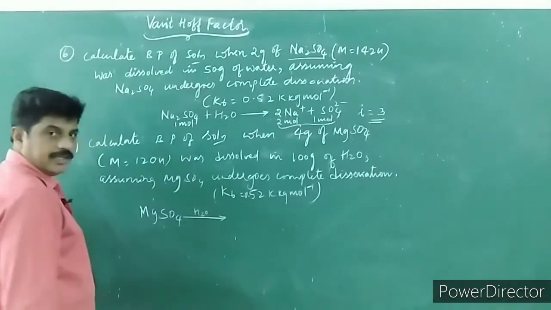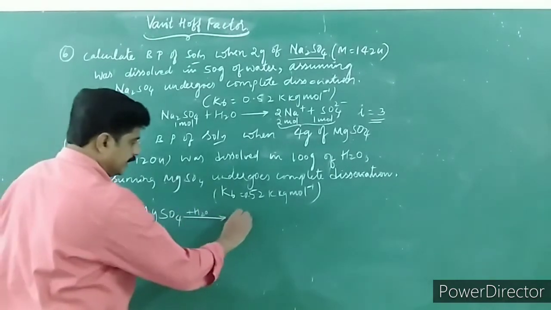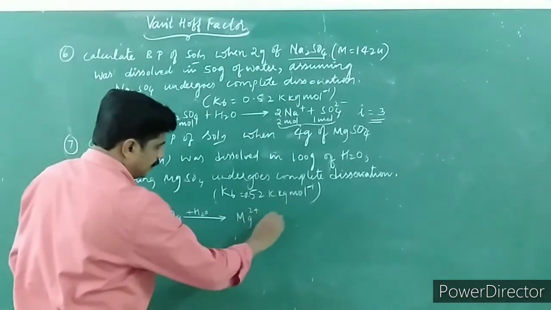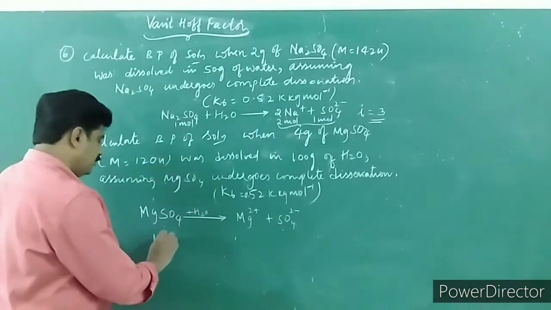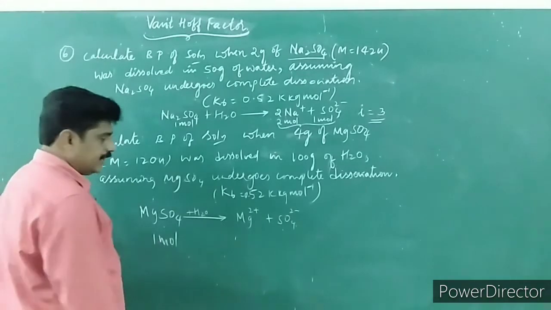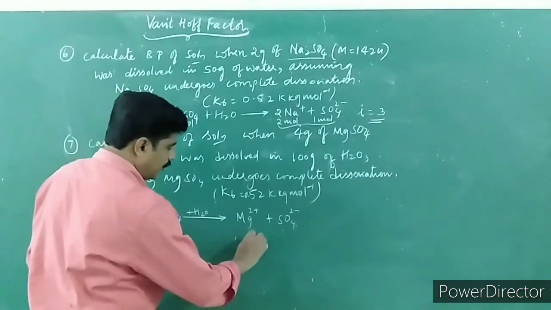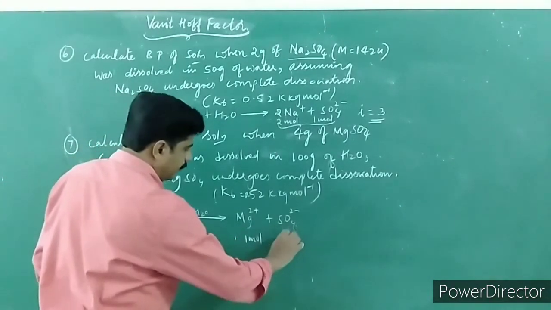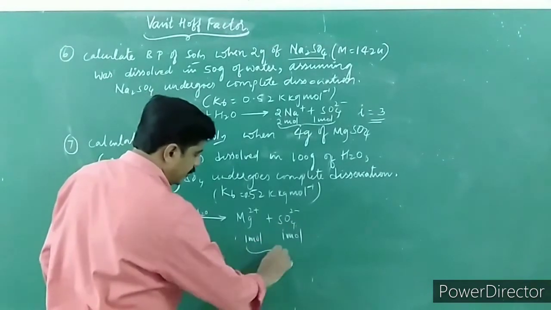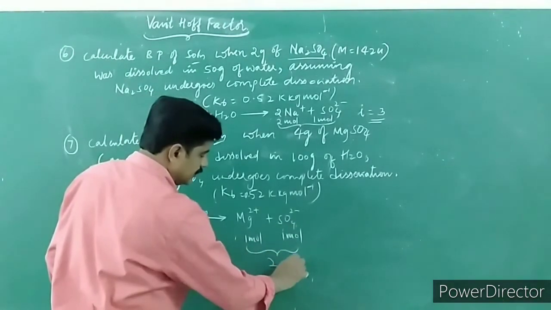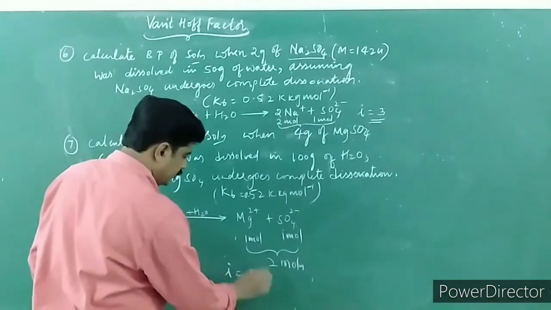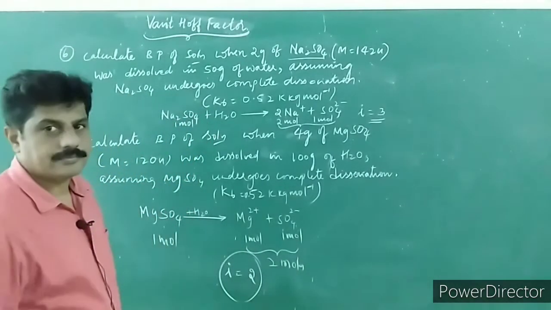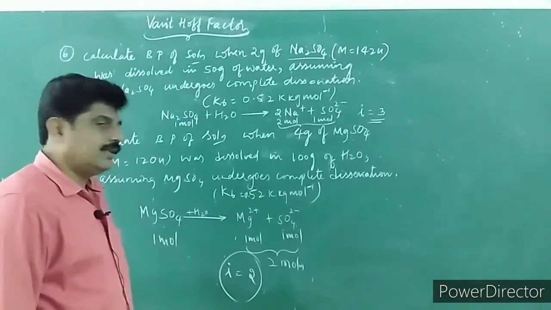In water it undergoes dissociation to form Mg2 plus and SO4 2 minus. That means with 1 mole of magnesium sulfate, you are going to get 1 mole of magnesium ion and 1 mole of sulfate ion, together 2 moles. That is equal to i. Hope you are getting this.